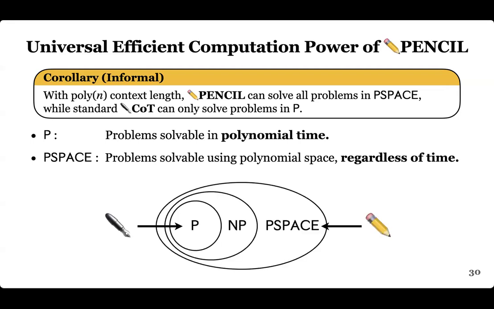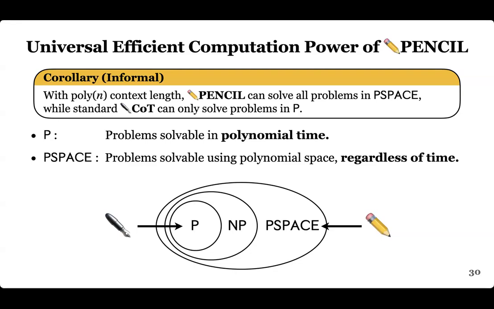So the implication here is a complexity hierarchy for Pencil and chain of thought. This means that in real-world cases, even if we allow an infinite amount of test time compute, because of limited memory resources, chain of thought can only solve problems using polynomial time.